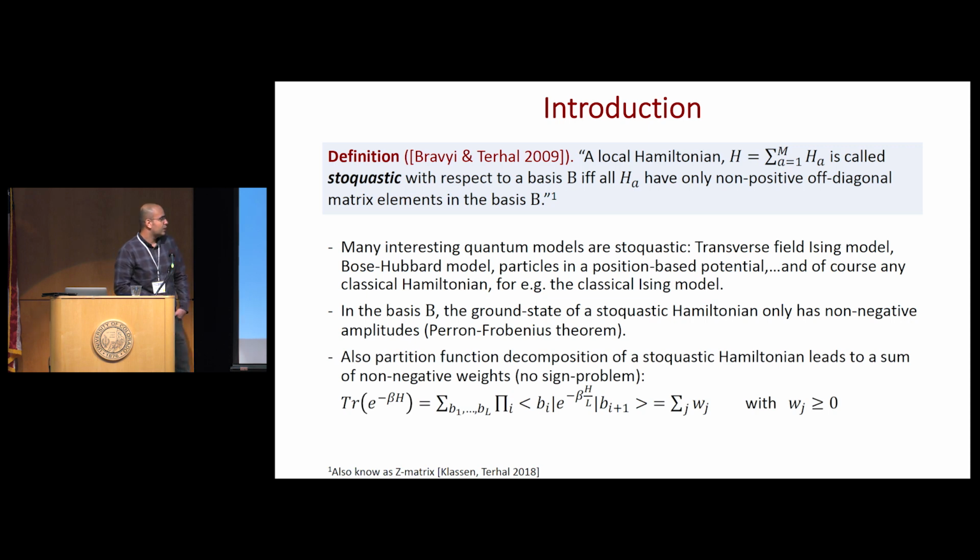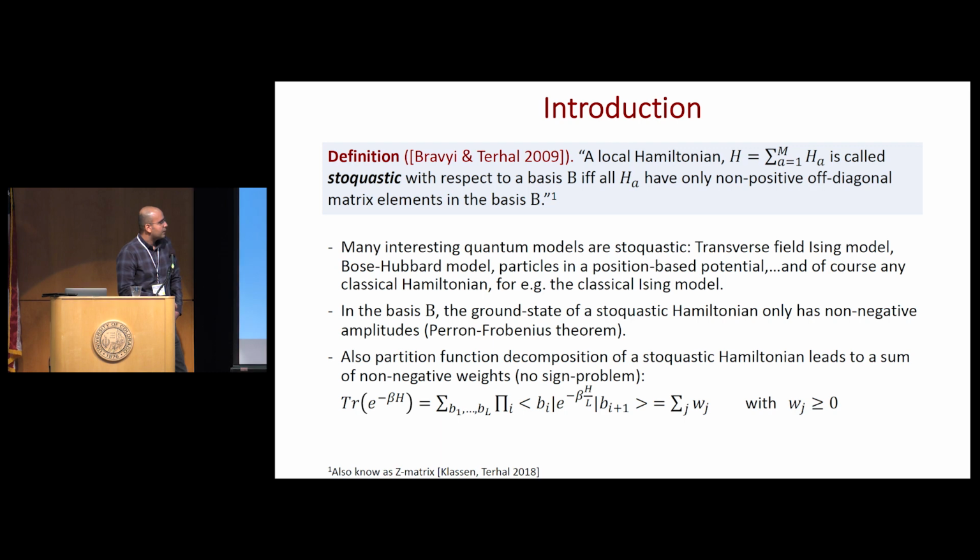Also, if you look at a partition function decomposition of these Hamiltonians, you can write them as a sum of non-negative weights. Sometimes we refer to this by saying that they don't suffer from the sign problem. What do I mean by that? It's the standard trick: you write the partition function, split the exponential into L pieces, introduce a complete set of basis states in between, and write the partition function as a sum of weighted paths.